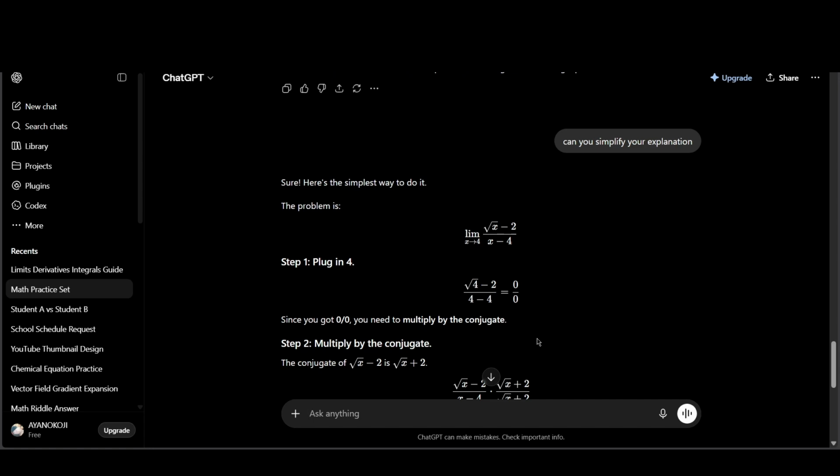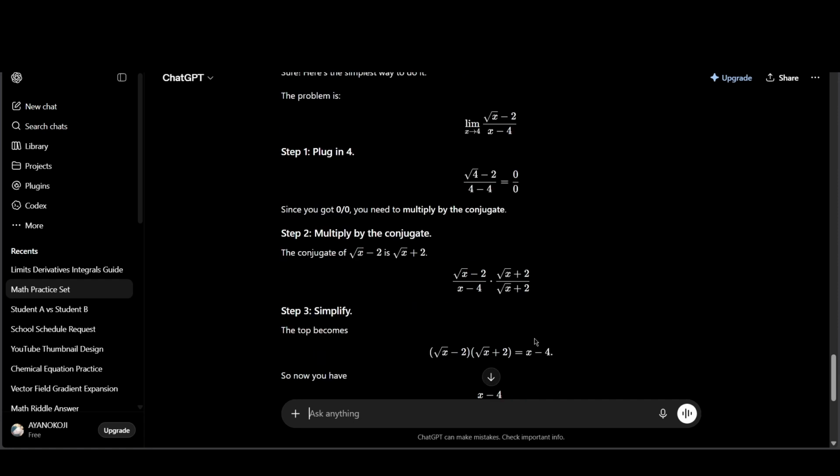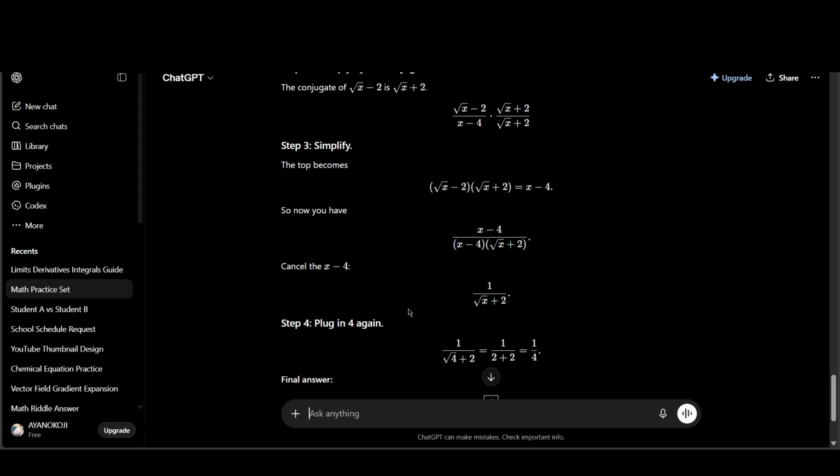So we have here, the conjugate of x minus square root of x minus 2 is x plus square root of x plus 2. Top becomes x.